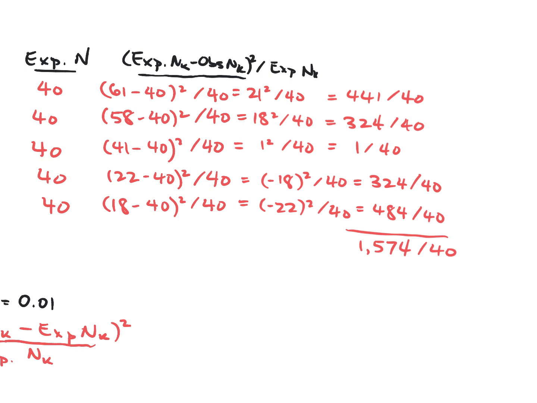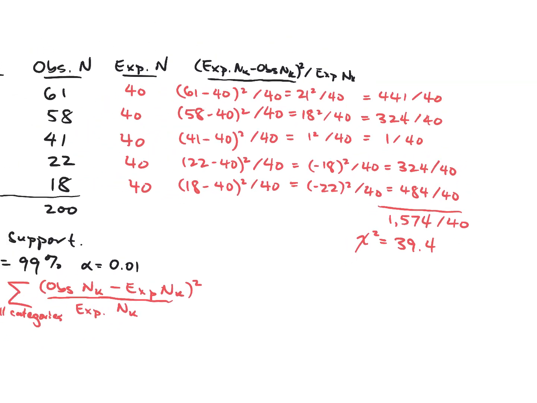So that is now 39.4. So chi-squared is 39.4, the value of our test statistic. Okay, we've done the hard work now. We've calculated the value of the test statistic.